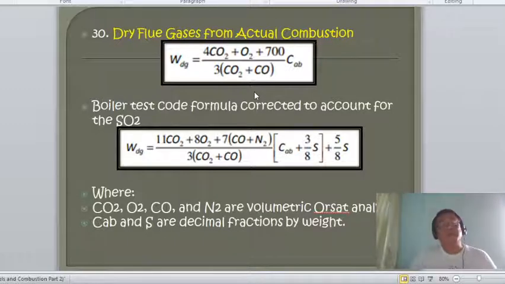CO2, O2, CO and N2 are volumetric ORSAT analysis values, while the carbon actually burned and S are in decimal fractions.